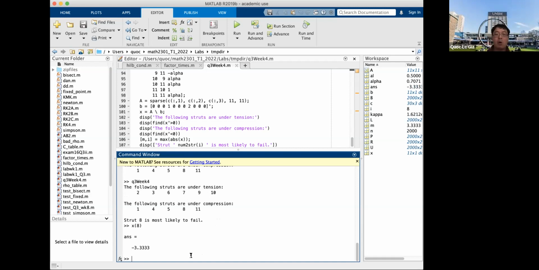Suppose you put more force than the limit, then it's going to fail, right? So it depends on the material. You want concrete, or metal, or different materials. If you put a lot of force, up to a certain threshold, then it will fail. And here you just find out what strut is under the most pressure or tension, because you take the absolute value. Does it make sense? The last question is just for fun. You don't have to worry about how to come up with equations. It just gives you a sense that this is an application.